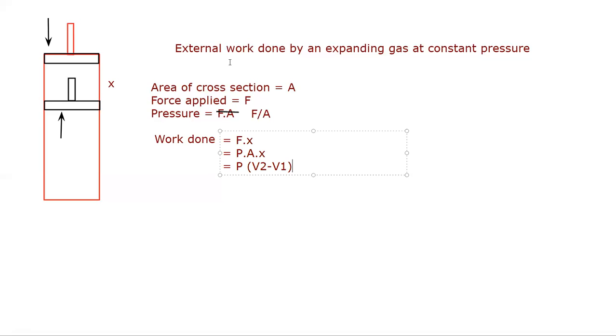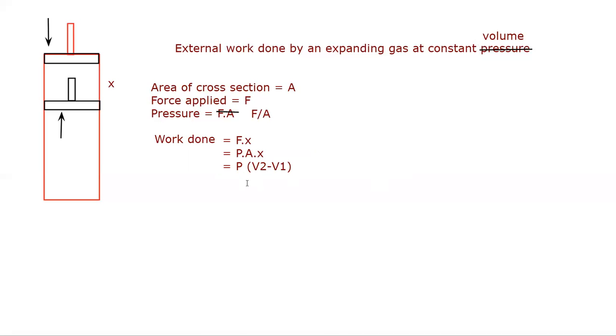Now, what will happen at constant volume? At constant volume, V2 minus V1 is 0, which means there is no change in volume.